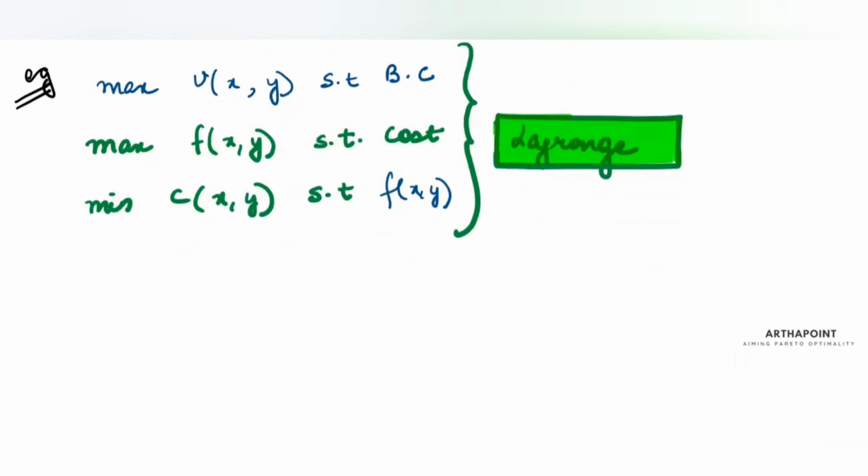Now, let's understand how we set up a Lagrangian function. So I'm going to take the utility function. Let's say that I have a utility function U(x,y), and this is x to the power alpha, y to the power beta.